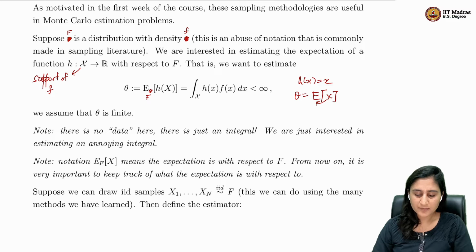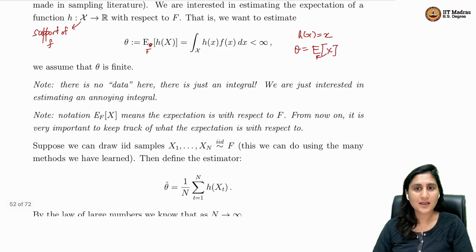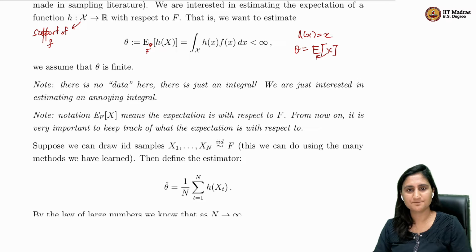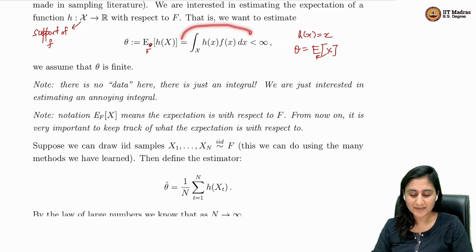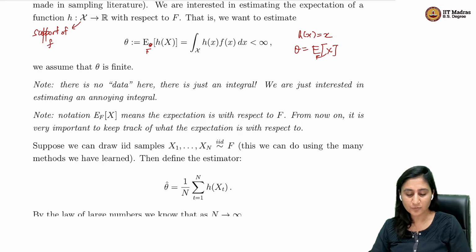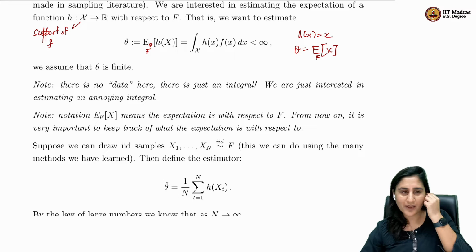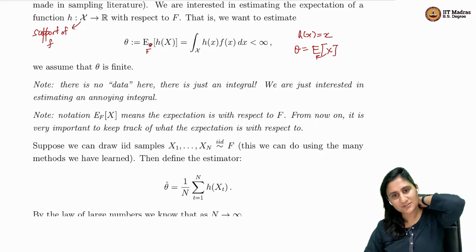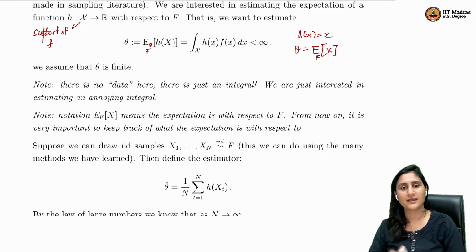Now, what I want to warn you against is that I am not at all talking about data here. This is not a problem that involves data currently. There is no data here. There is just an integral. There is an integral that can look like an expectation, and I want to obtain an answer for what that integral might look like.